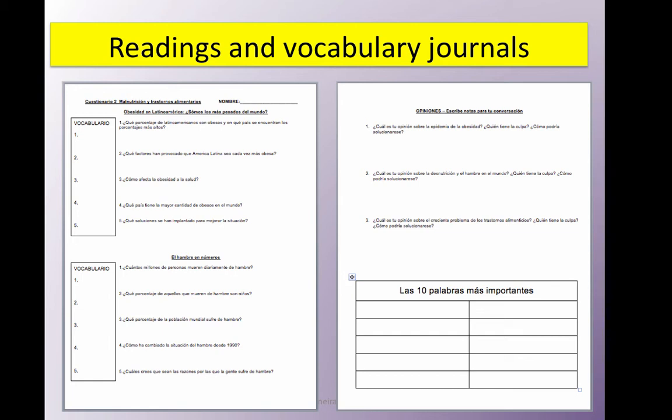Here I would actually ask my students to pick their own vocabulary words, because when you have such a diverse class, you don't know if those students are going to know the vocabulary words that you may think are very simple, or which ones you would want to pick for them, right? So each student can pick their own vocabulary words that they think are useful for them or necessary to write about the topic. And then the second set of questions are more about opinions and discussion. When they bring this to class after having had that reading, they have already processed a lot of the information and a lot of the vocabulary, so they can come and use it in class.